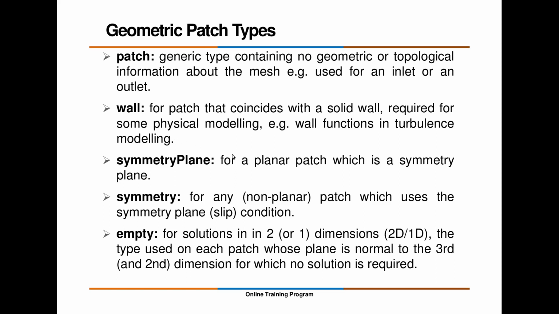Symmetry plane: for a planar patch which is a symmetric plane. Let's say we are talking about two-dimensional analysis of flow through a channel or a duct. If our flow physics is laminar, then it is not required to go with the entire two-dimensional portion.